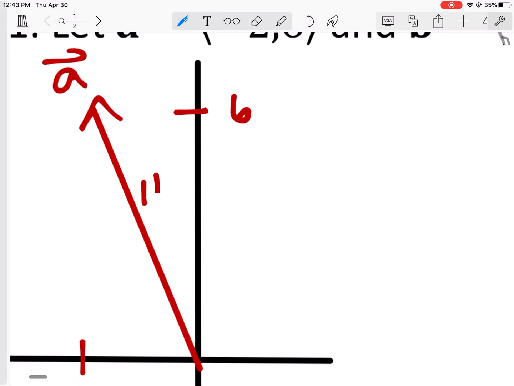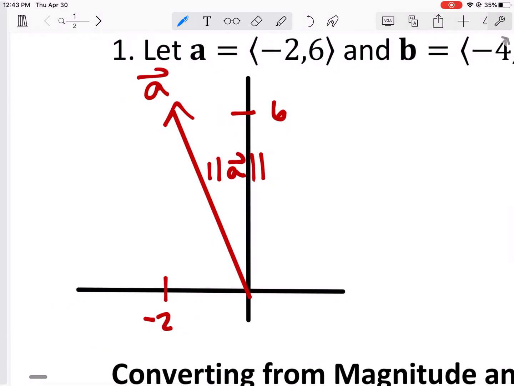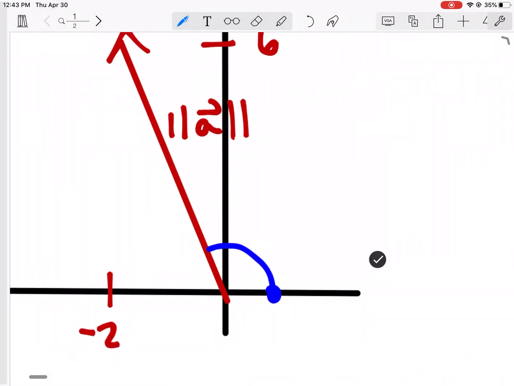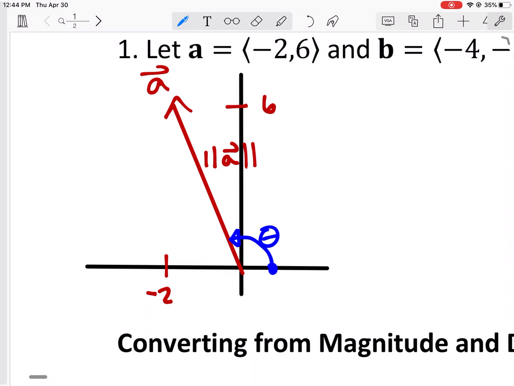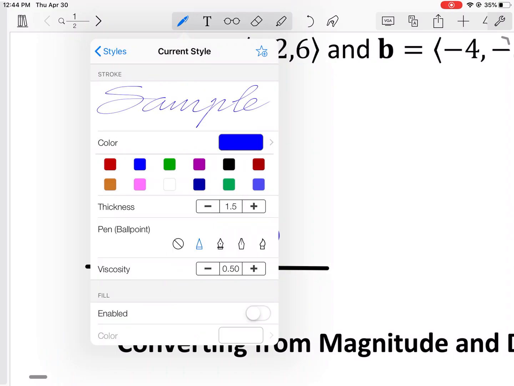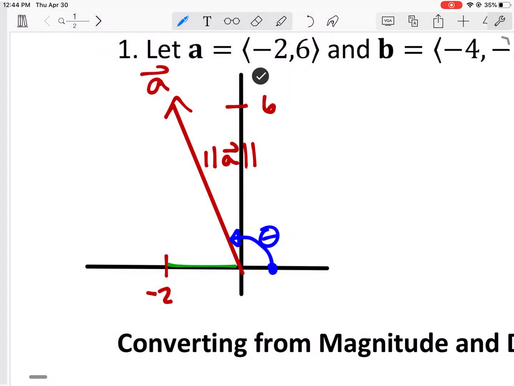Again, what we want to know is what is the magnitude of this vector A, and also what is its direction. The direction starts here at the positive x-axis and goes to our vector. All right, so again we can form our right triangle out of this.